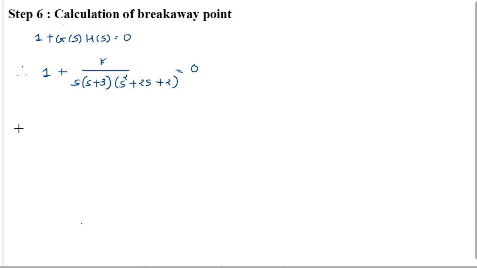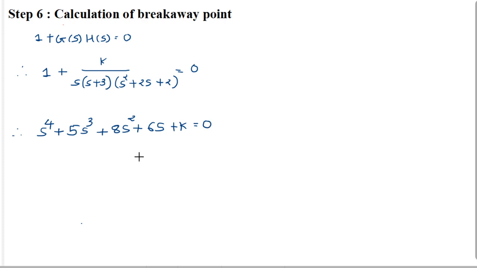After solving this, you get the characteristic equation, that is s raised to 4 plus 5s cube plus 8s square plus 6s plus k equal to 0. That is your characteristic equation.